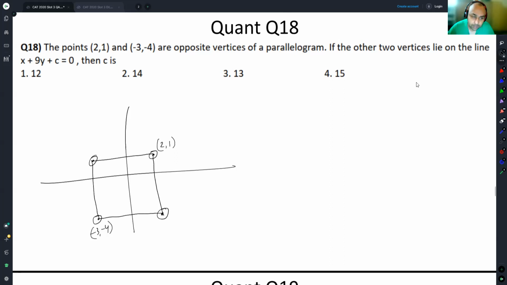It need not necessarily be perpendicular to the axis, but I'm working with this. Now we have been told that if the other two vertices lie on the line x plus 9y plus c is equal to 0, then c is. We are only supposed to figure out the value of c, not this entire equation.